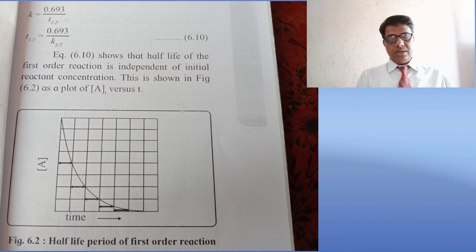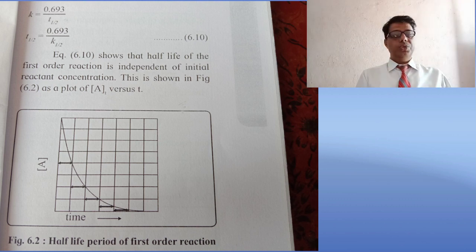You have to correct it: the concentration of A at time T equal to 0, that is A0. And second, in the last equation number 6.10, T half is equal to 0.693 upon k, there is a printing mistake: it is not k half, only k. That is the last equation for the half-life and the rate constant of the first order reaction: T half is equal to 0.693 upon k.